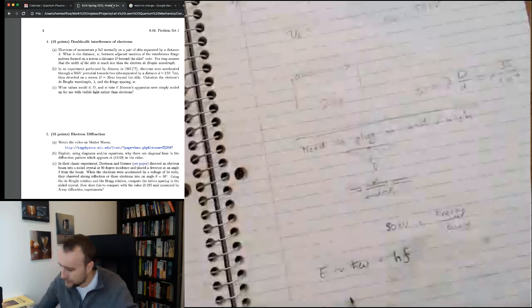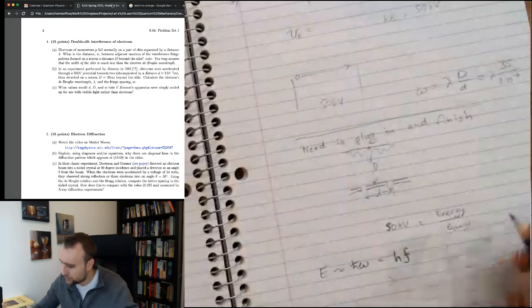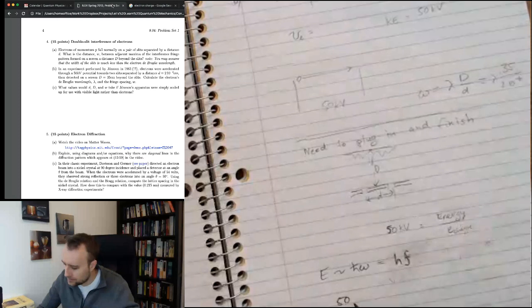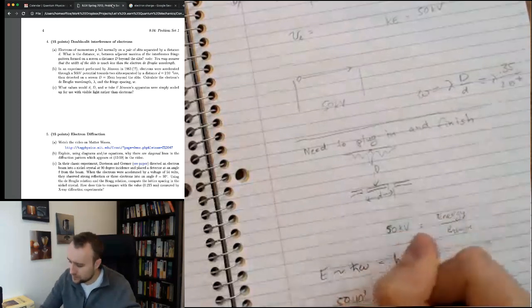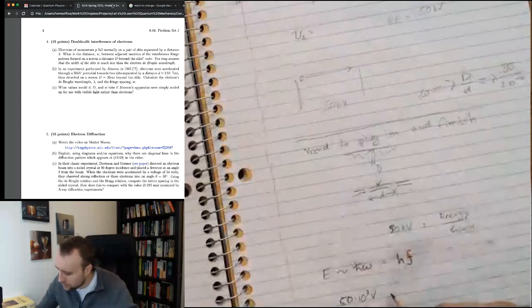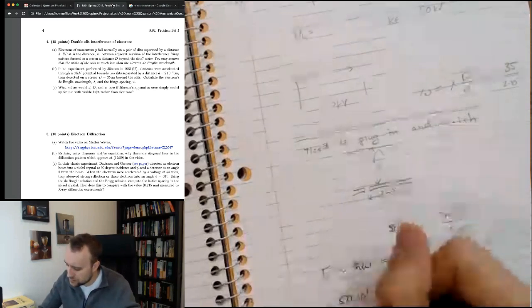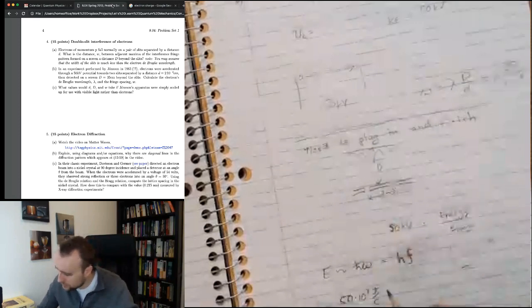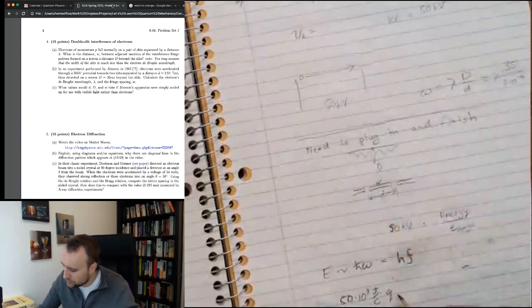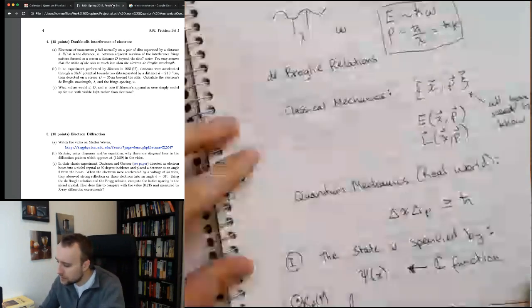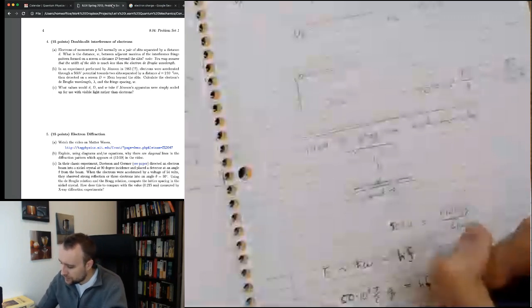So we have the energy and the electric charge. If I want to get the energy, I have to multiply 50 kilovolts, so 50 times 10 to the third volts, which is joules over coulomb, by the electron charge Q. And this energy is going to be equal to Planck's constant times the frequency.